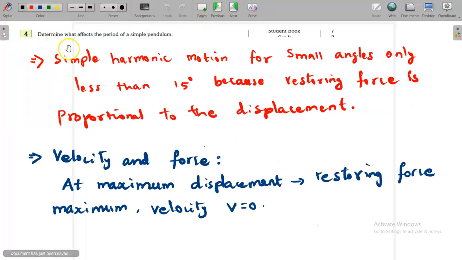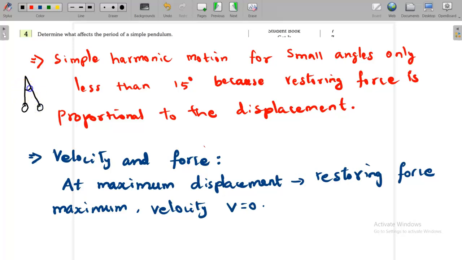Next question: determine what affects the period of a simple pendulum. Simple harmonic motion holds for small angles only, less than 15 degrees, because the restoring force is proportional to the displacement. So now you have a simple pendulum.